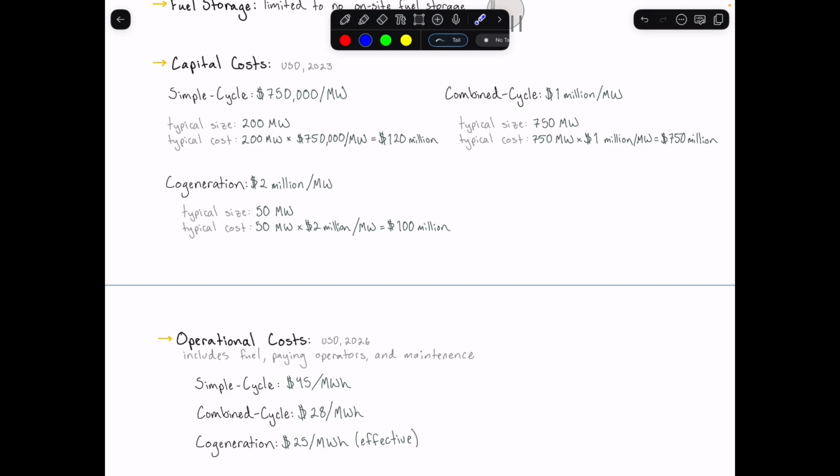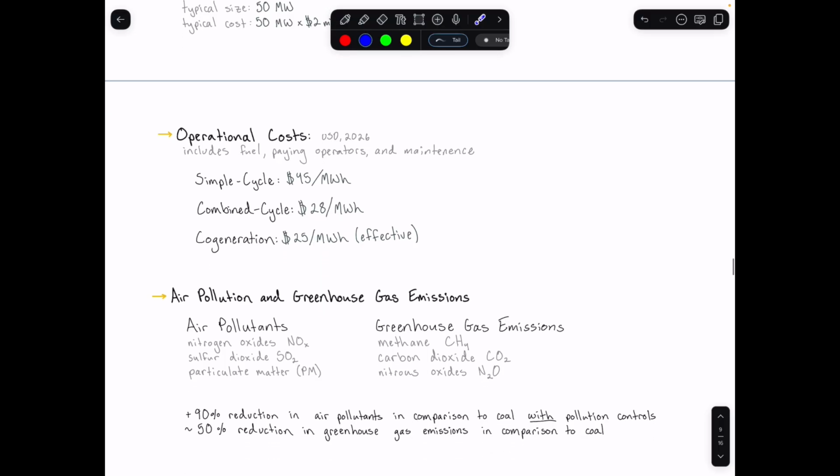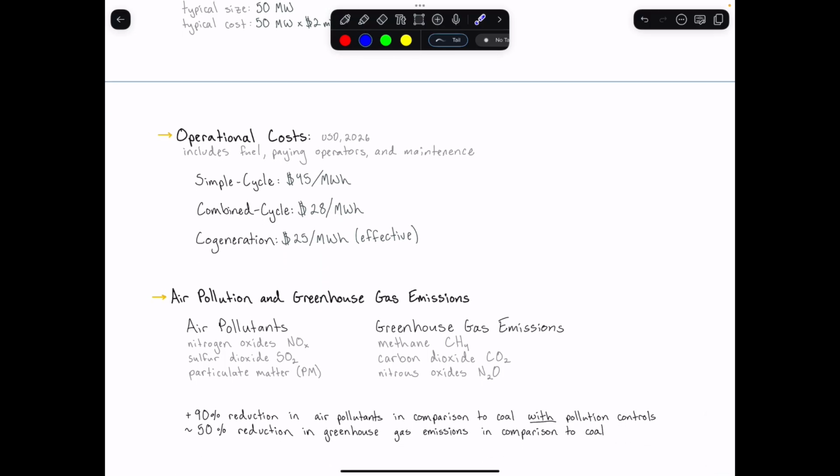Okay, so that's the rough operational costs. Now, air pollution and greenhouse gas emissions. Natural gas has similar air pollutants to crude oil products and to coal.